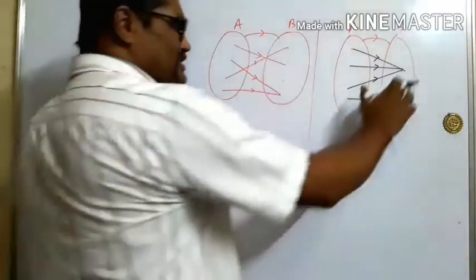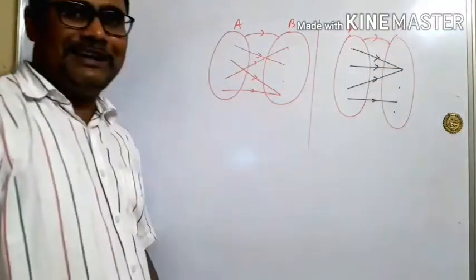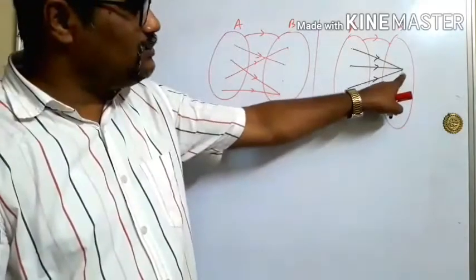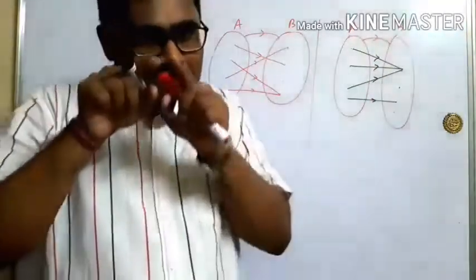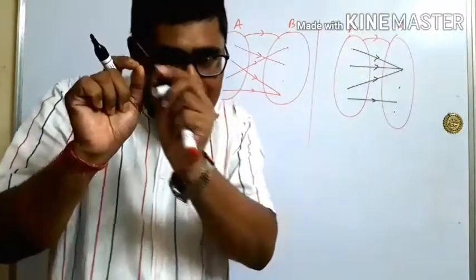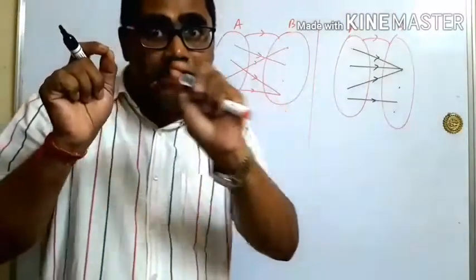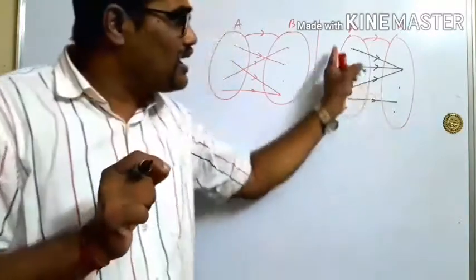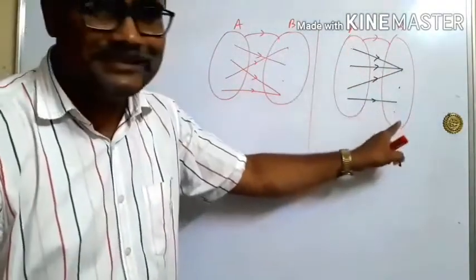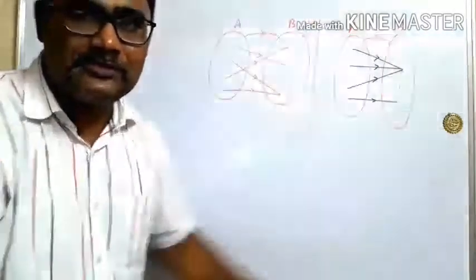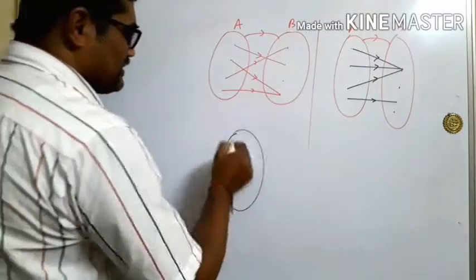Yes, this is also a function. Even if I have one element as image of many of this side, that is not an issue. Only I'll see that this element has how many images, how many arrowheads are coming out. One arrowhead coming out means only one image. So every element is engaged. There are some elements left, forget about that. I'll not bother about that.